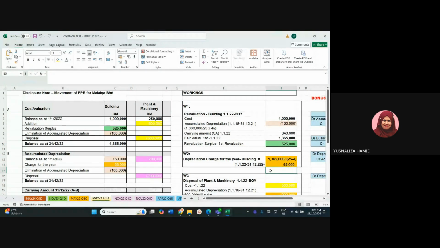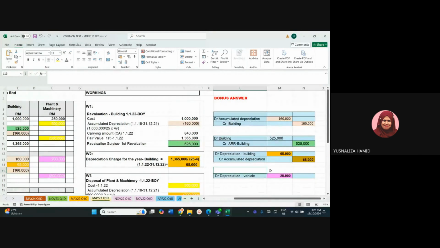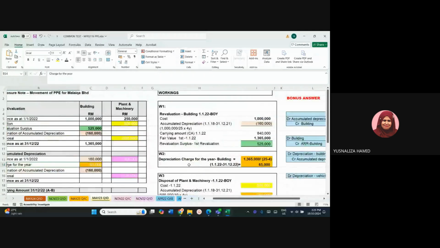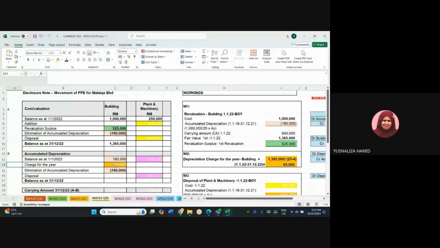Depreciation for 2022. So that current year depreciation, you will have to show it in the SOPL. So debit depreciation expense building, credit accumulated depreciation. The one that I highlighted in brown here is the one that you need to include in the calculation. This brown in color there, working 2, you will include in your buildings movement.